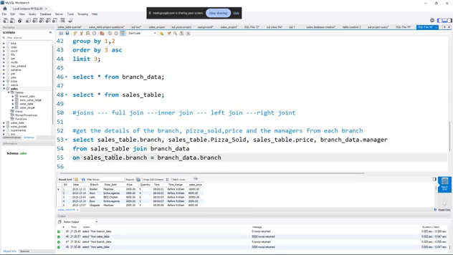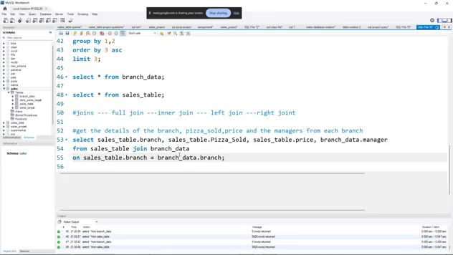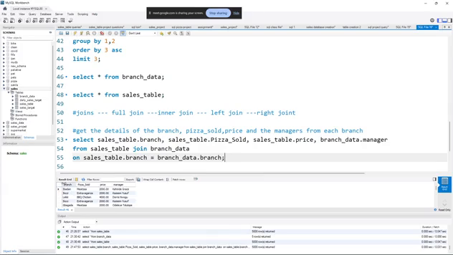So I'm saying, select from sales table and join branch table on this branch on the sales table being the same as the branch on the branch data table, and that's the end. So if you look at it now, I have the branch, the pizza sold, the price, and I have the managers beside them.